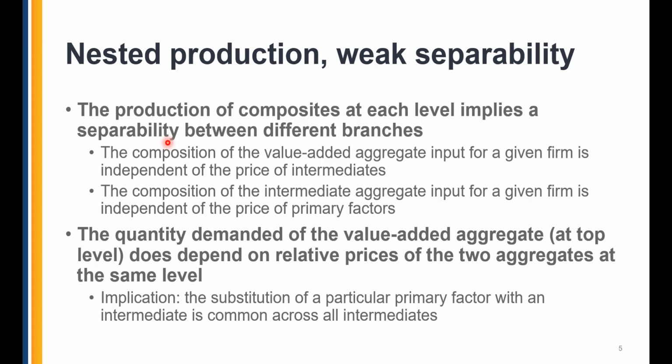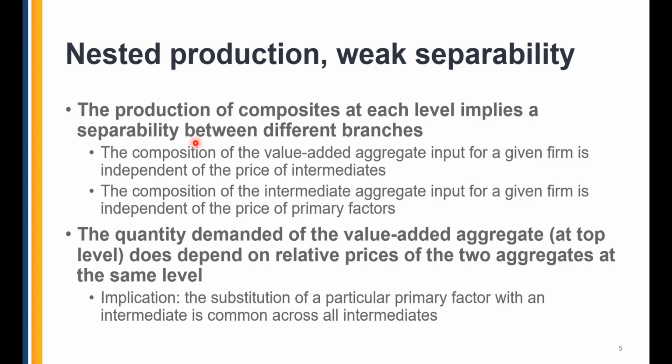And in fact, the only way they impact it is through the overall top level of the production tree. So if the average price of intermediates changes against the average price of value added, then we'll either expand or lower our dependence on value added.